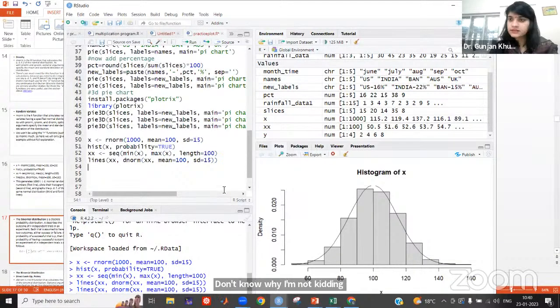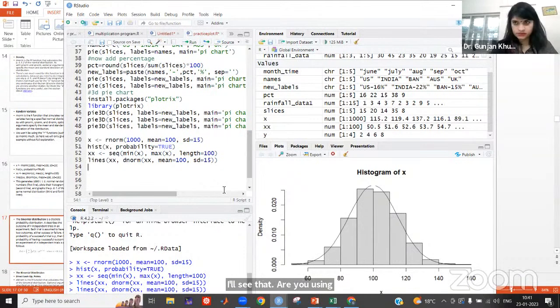Okay. Are you using the same X throughout, capital X, small x? Yes, same X. Okay. dnorm is d all small. dnorm, then you have written XX, XX, comma, mean is equal to 100, comma, SD is equal to 15, and two brackets close. Yes. Now you share the pic on WhatsApp. Okay, you have shared? Okay. Are you using capital X or small x throughout?